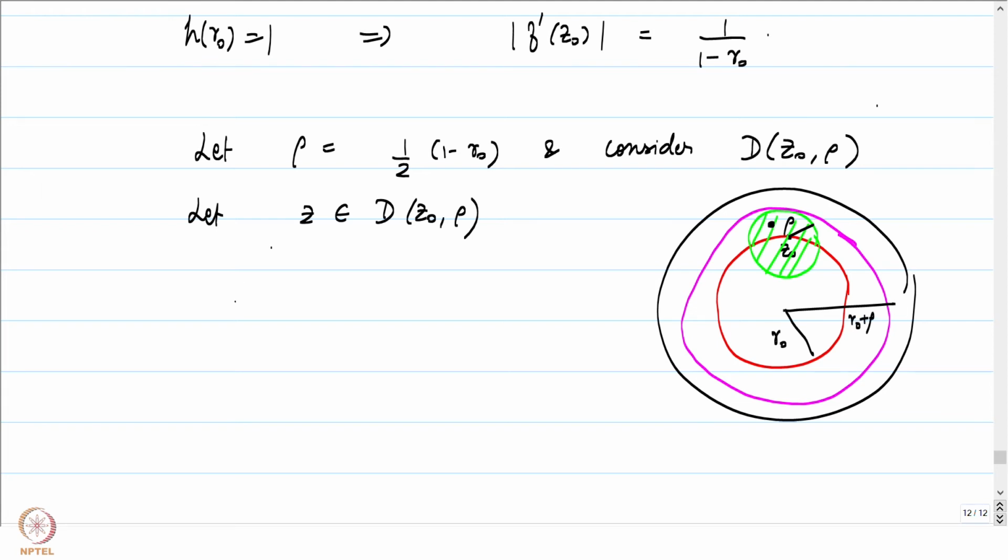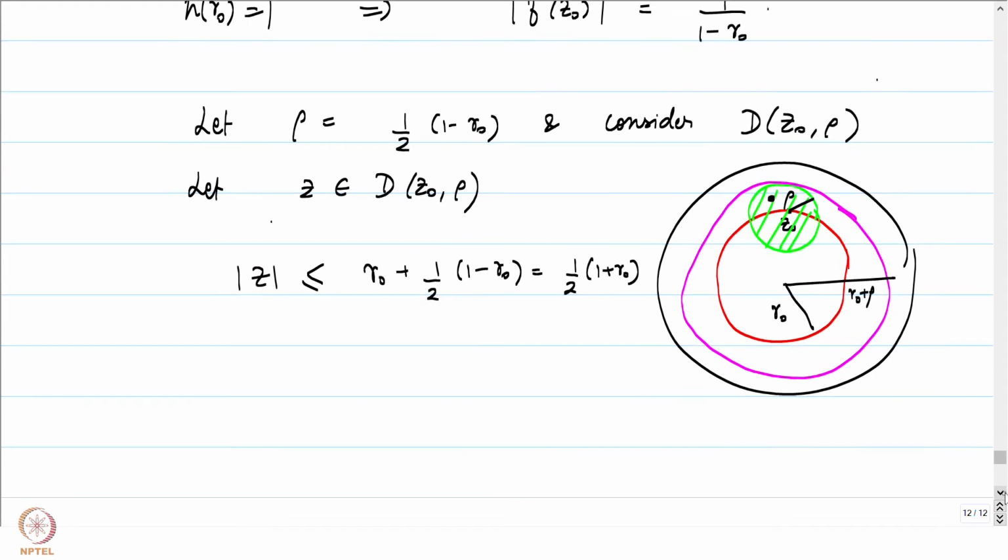And you can check that the absolute value of z is less than or equal to the absolute value of z naught plus the absolute value of z minus z naught, which is r naught plus rho, which is r naught plus half of 1 minus r naught, which is equal to half of 1 plus r naught, which is less than 1 because r naught is less than 1.